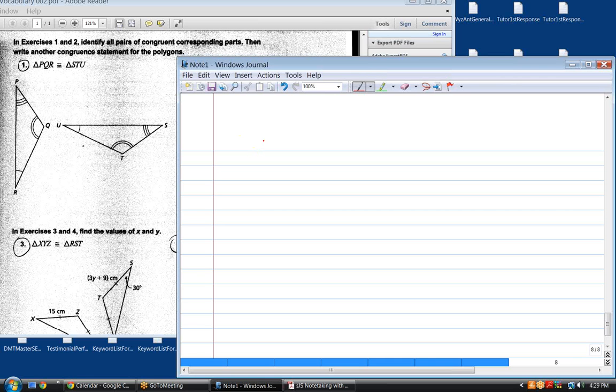So tell me the other, she only needs one other congruency statement. So let's find a side that is equal to the side of the other triangle. Which side is it? Is it RQ? RQ and PQ?